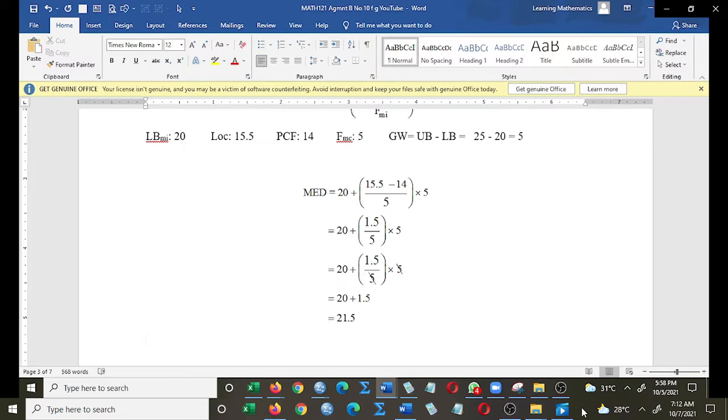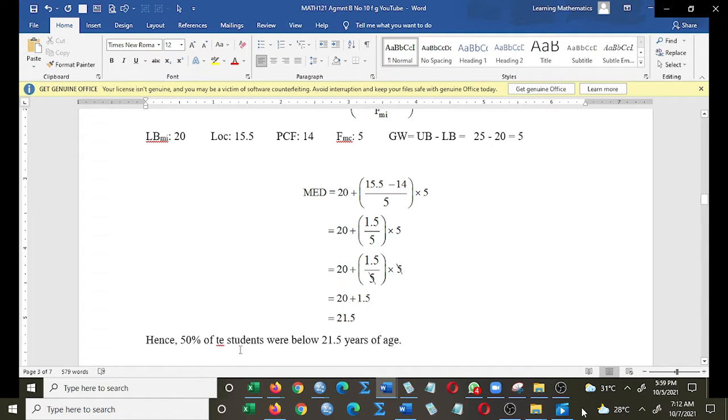So we can say as a form of interpretation, hence, 50% of the students were below, let's say 21 point, we'll use the exact figure, but it's an approximation that we are doing.